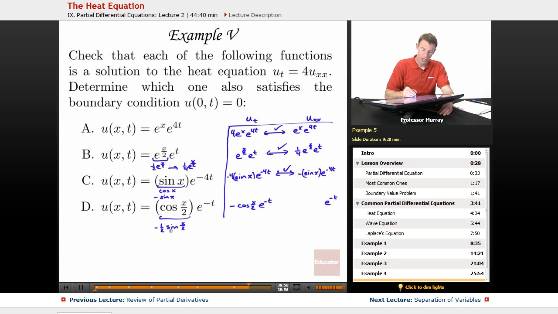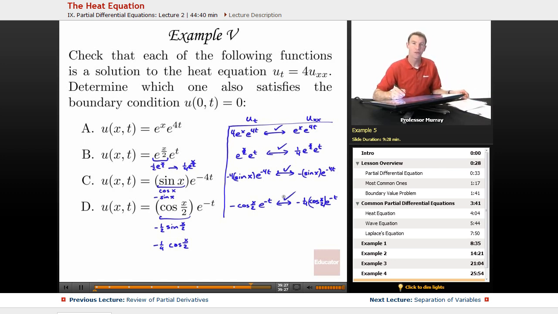Then the derivative of sine is cosine of x over 2, multiplied by 1/2 again by the chain rule, so we get negative 1/4 cosine of x over 2 times e to the negative t. Again, if you compare the left-hand side with the right-hand side, the left-hand side is exactly 4 times the right-hand side. And so again, we have a solution to the partial differential equation there.